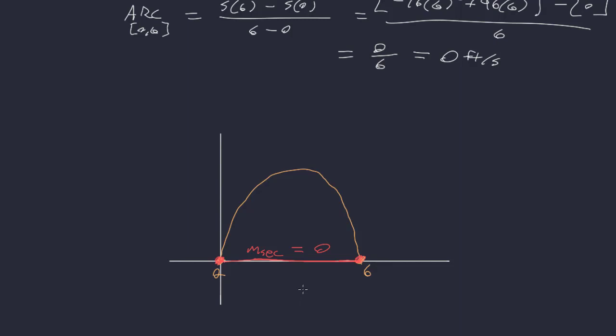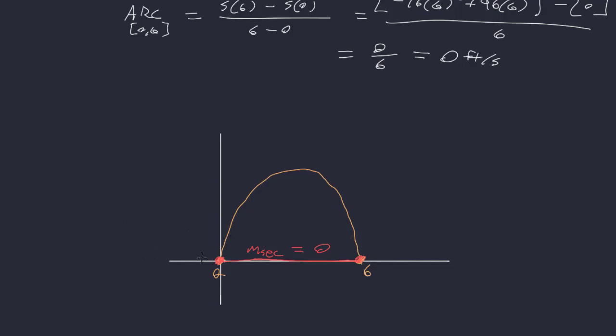But that's not that helpful, because we know that this cannonball does move. It goes up and then comes back down. But what this is saying is that over the entire lifespan of it, being shot up into the air and then coming back down and hitting the ground, its average rate of change is 0.